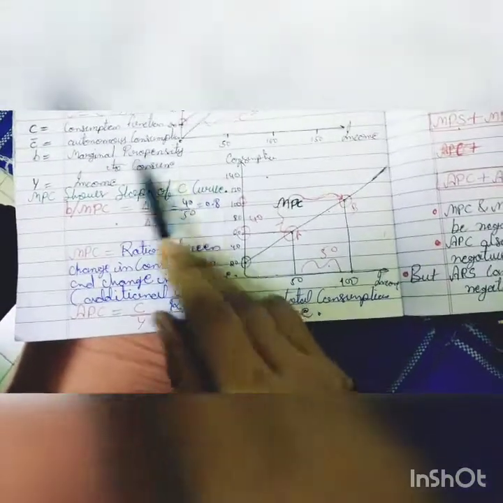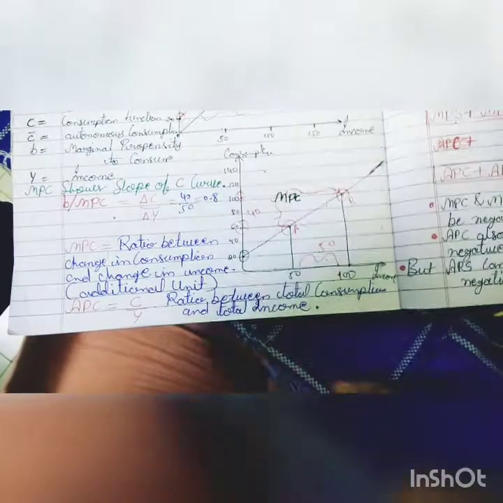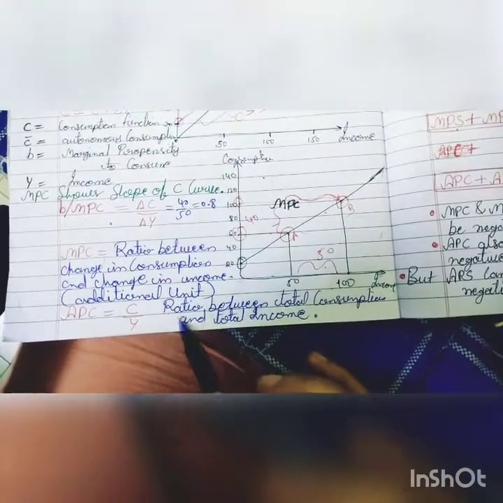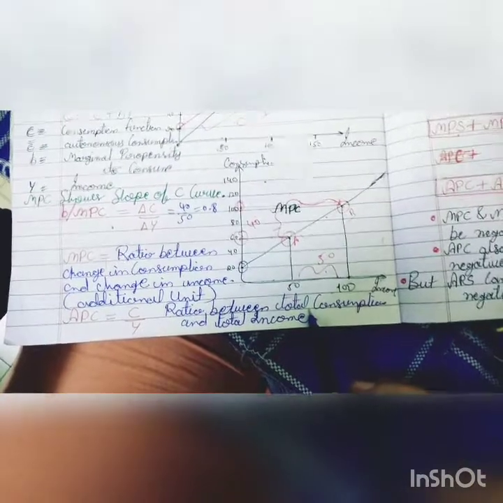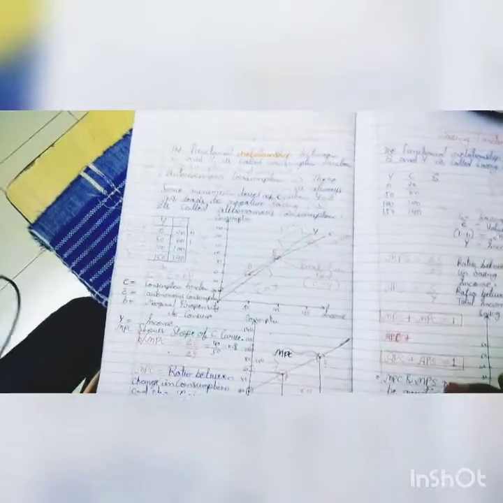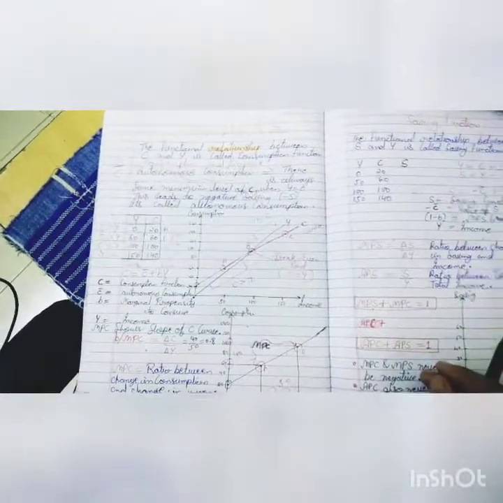MPC means marginal propensity to consume, but APC shows the average, which is why it is the ratio between total consumption and total income. Like this we solve the consumption function. Now next we are solving the saving function.